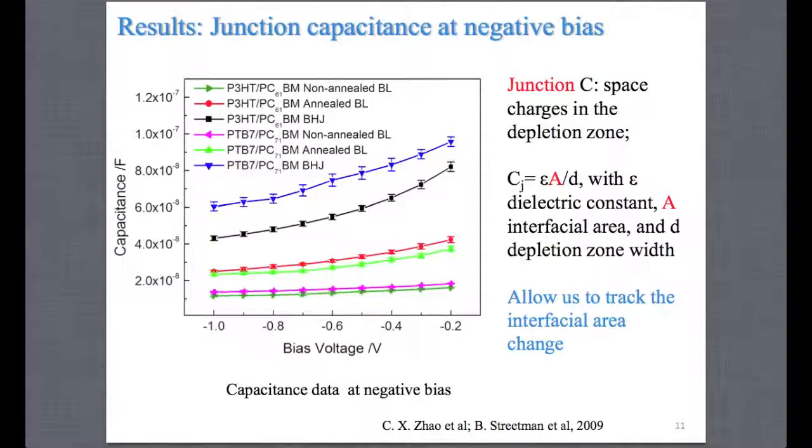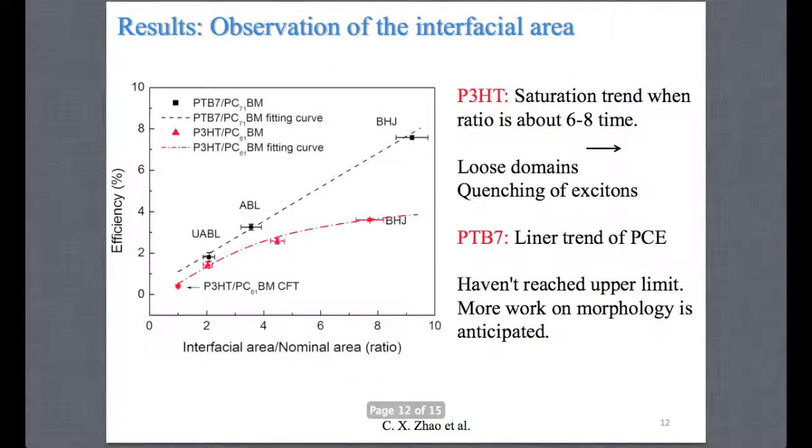The data here allow us to track the interfacial area change. By lots of numerical calculations and IV characteristic curves, that is the final result.